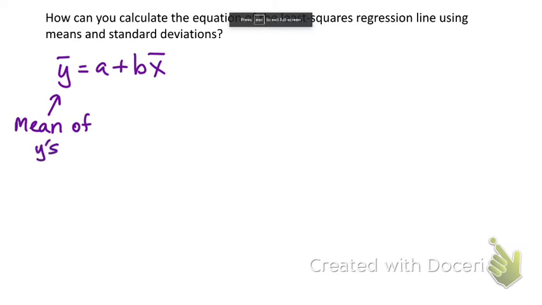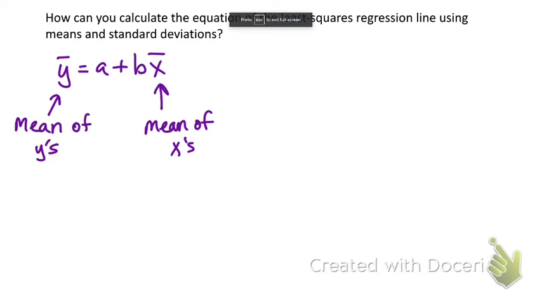The mean of the y's. A, we know what A is, right? What is A in our equation here? That's our y-intercept. B, that's our slope. Okay, x bar. What's x bar? That's the mean of the x's.